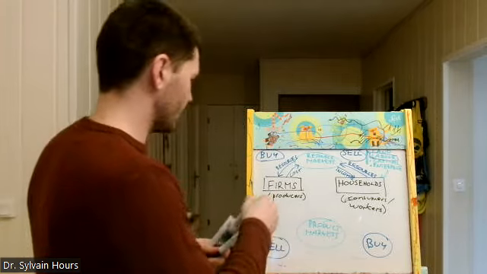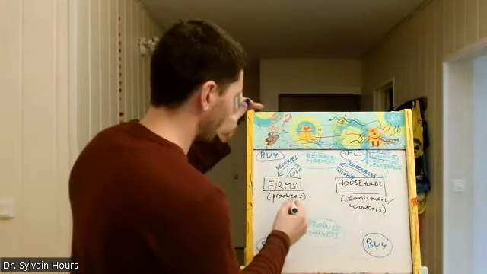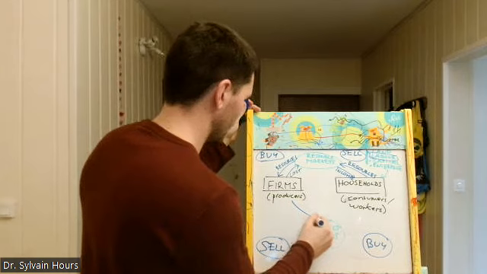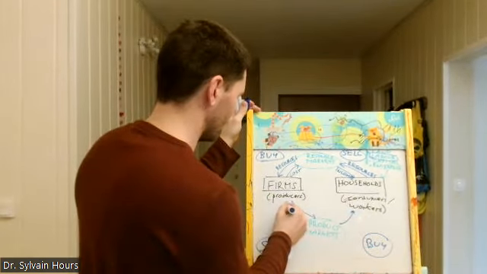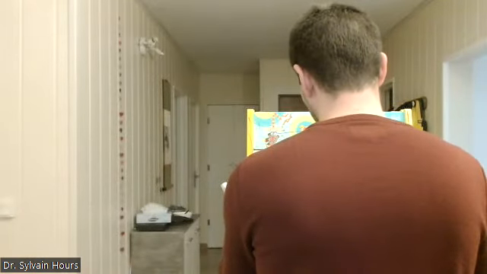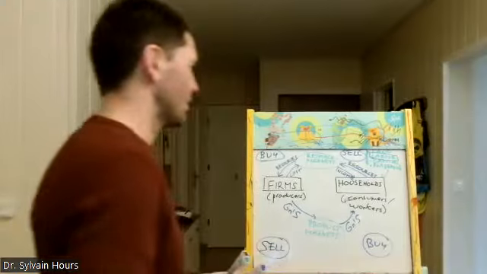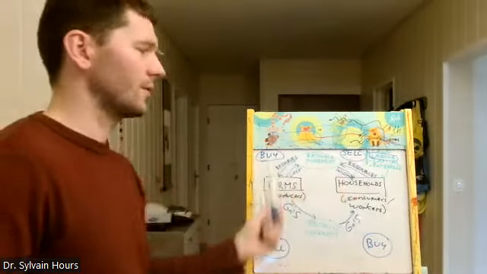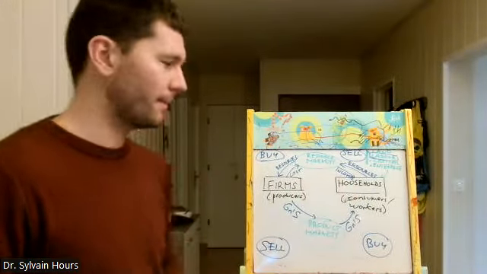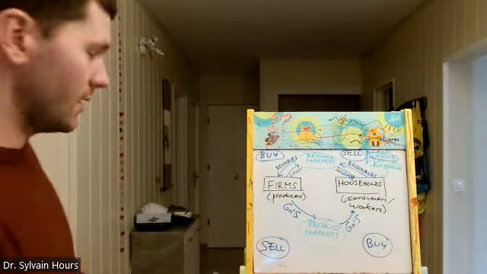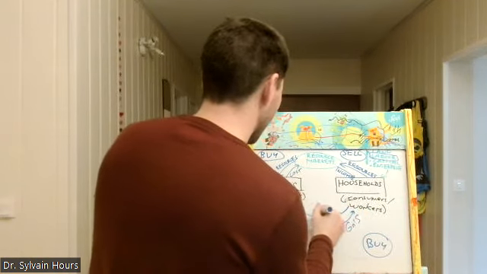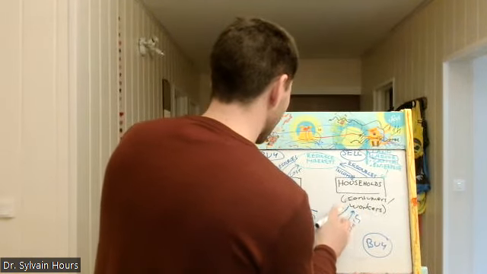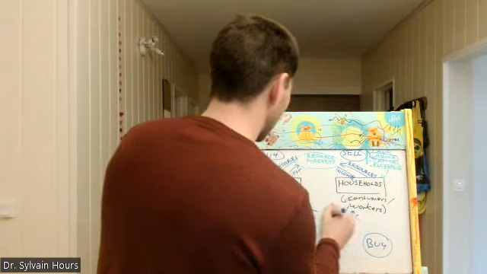And of course, from firms to households, there is a physical flow of goods and services. G and S stands for goods and services. So it's a physical flow, just like the resources. We're not talking about money. And in exchange, households will have to give money to firms to purchase those goods and services.